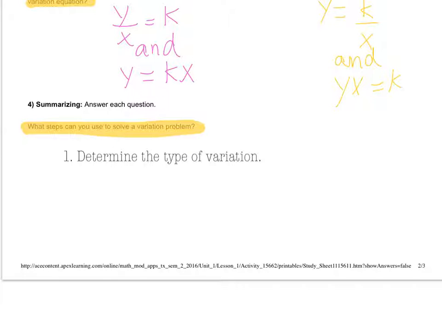Then step 2 says to determine the constant. And step 3 says to write the equation.